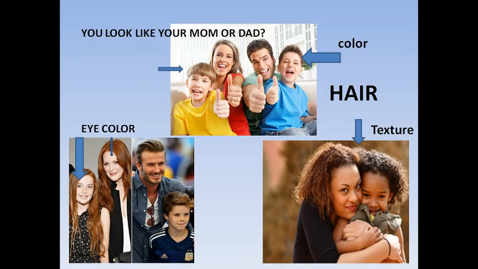Now, this is a slide where I have shown you three families, and in these three families, if you observe carefully, you will find the children of these parents resemble their parents in a few features.